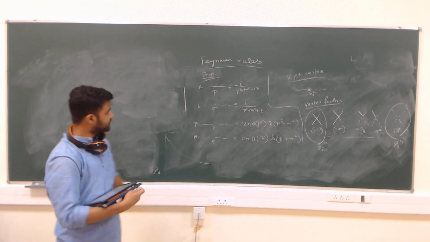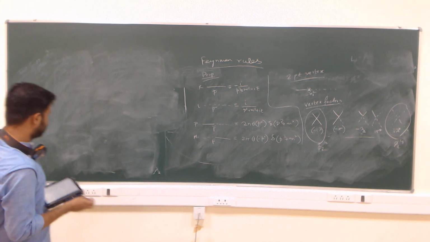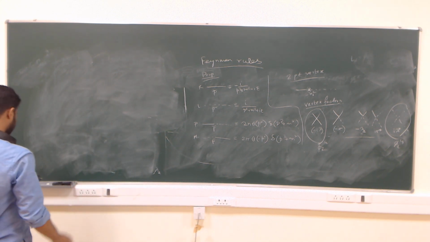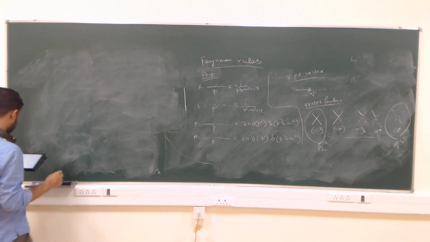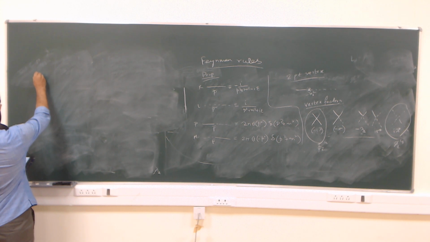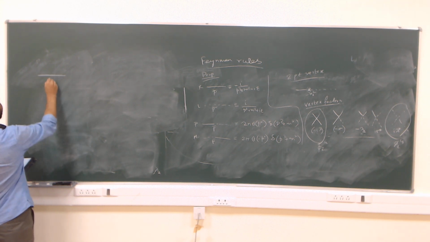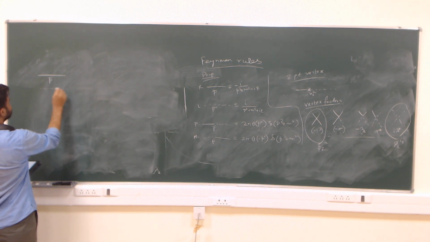In a unitary theory, this kind of propagator will not come, only these two propagators, because there is nothing like phi r going to phi l. Okay, let's say if I had this kind of propagator, either this or this, both cases can be possible.